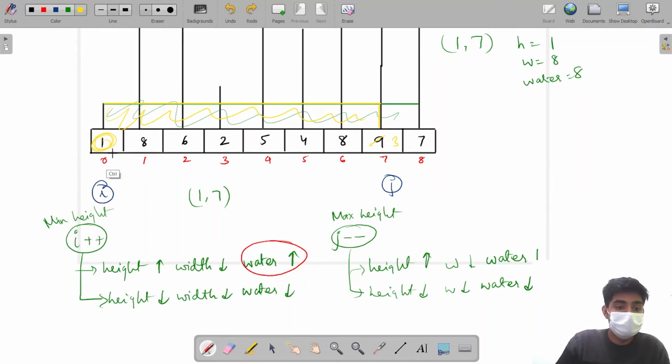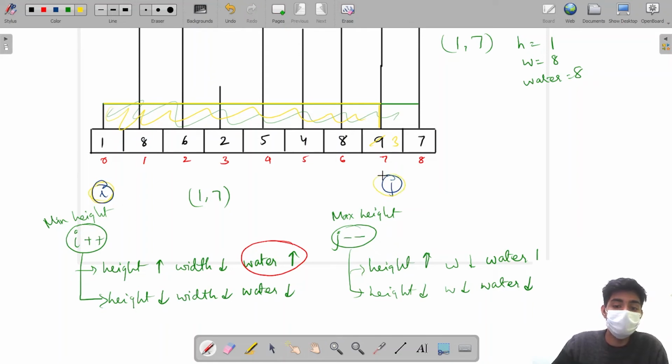So the maximum capacity is dependent on the minimum height, right? If I have my maximum height, and if I reduce my maximum height, then my water will always decrease. But if I have my minimum height and I increase my minimum height, there's a slight chance, if I have my minimum height and I decrease or increase it.